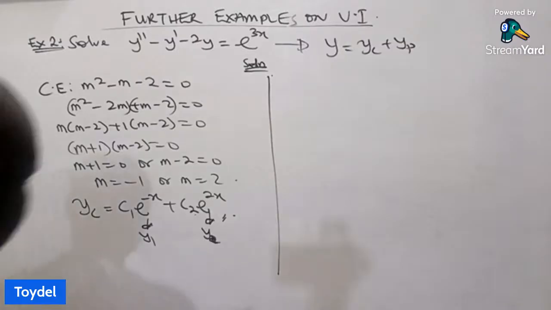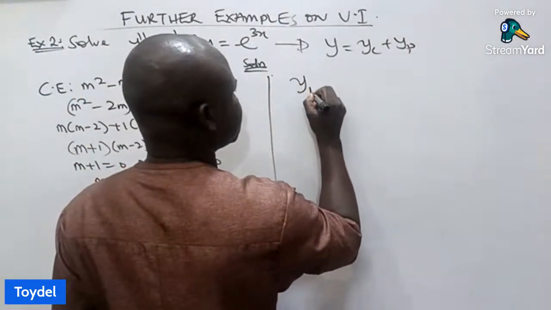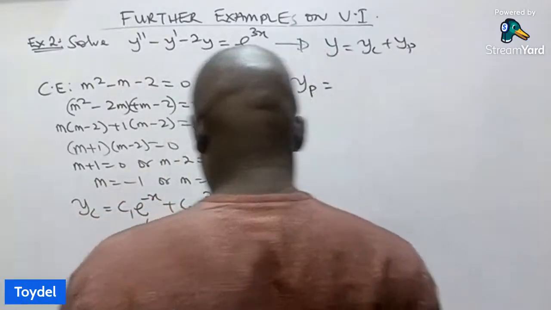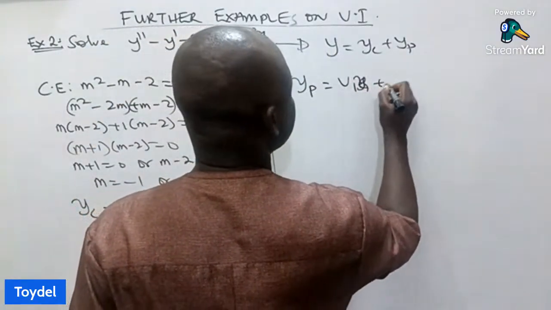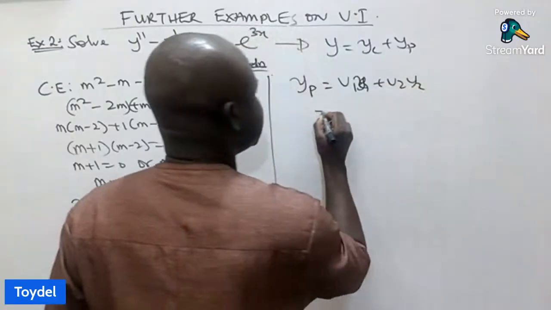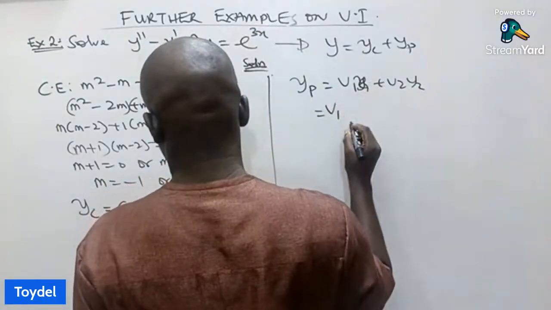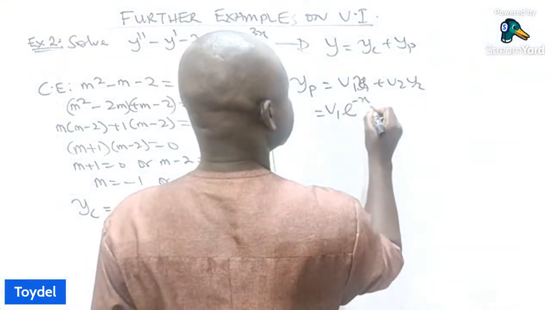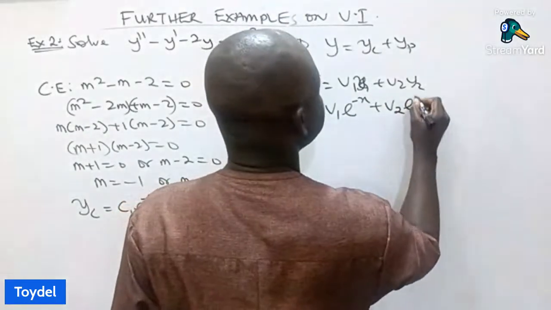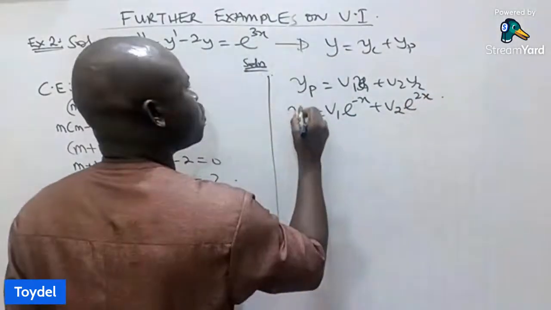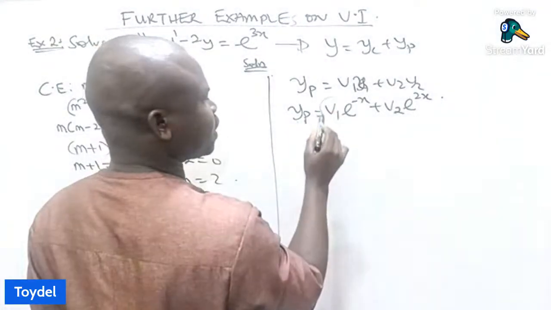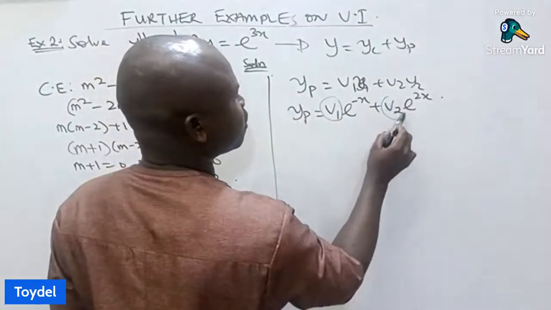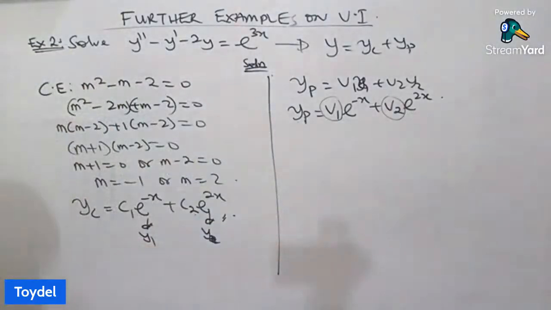By the formula, the particular solution will be given as v1 y1 plus v2 y2. In this case it is v1 e to the minus x plus v2 e to the 2x. For us to get the particular solution, we need to find the value of v1 and the value of v2.